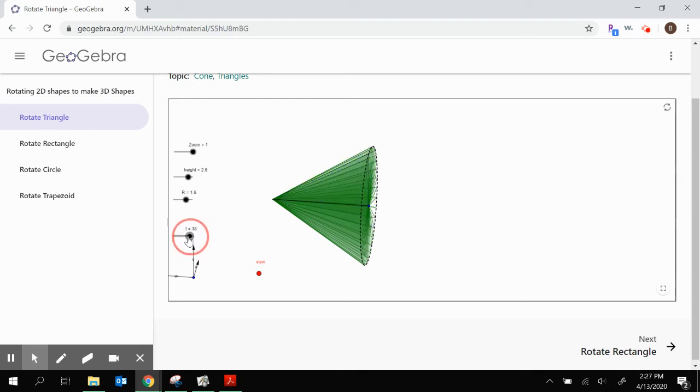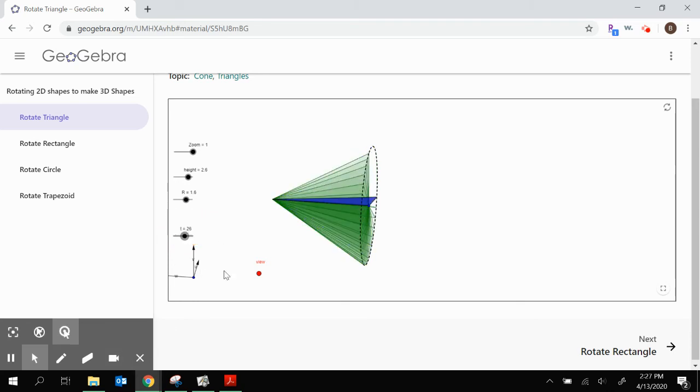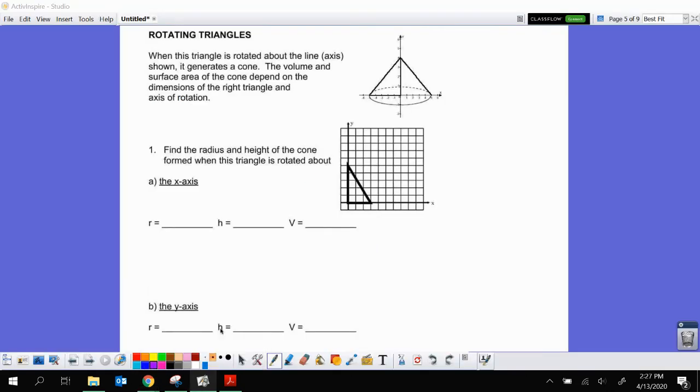It's creating that circle on that line that's straight. It's creating the circle, and then it's still got that point up top. Therefore, this cone is being constructed. And so, again, a triangle, when you rotate it, creates this cone. So when this triangle is rotated about the axis, it generates a cone. And then, of course, the volume and surface area will depend on the dimensions of that.